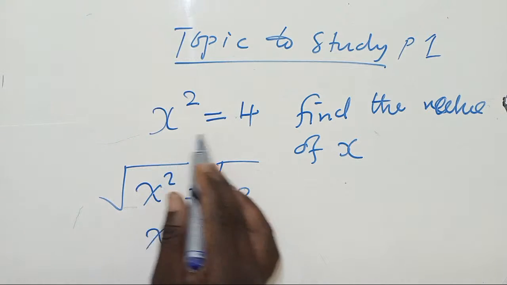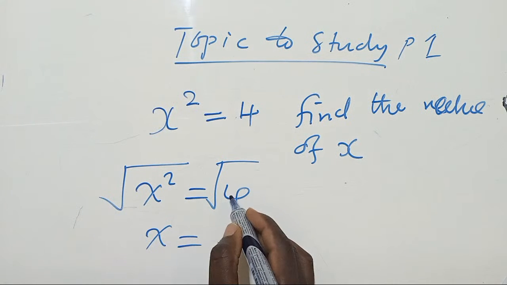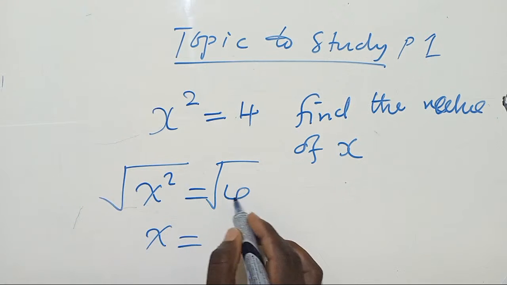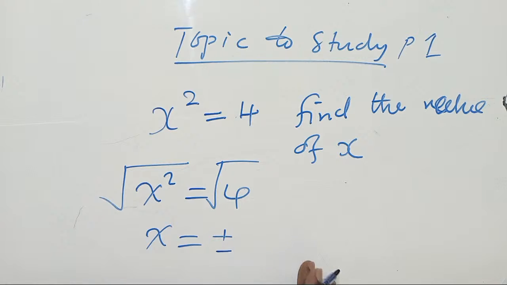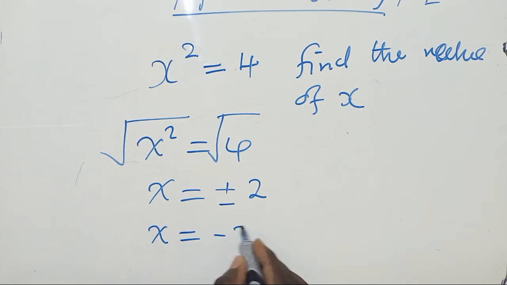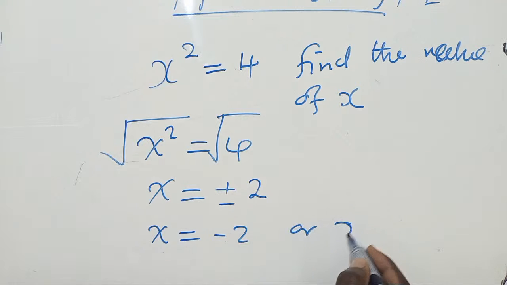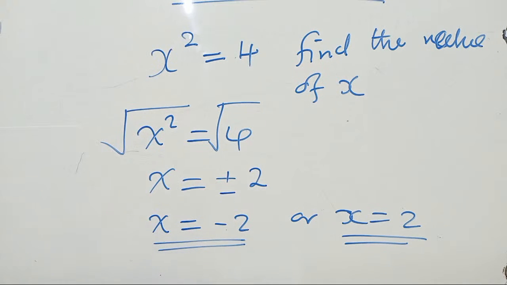Since this is an equation, we are supposed to get 2 solutions, because with power 2 you get 2 solutions from the root. So it will be positive or negative 2: x is equal to -2 or x is equal to 2. These are the 2 solutions. Thank you so much and bye-bye.